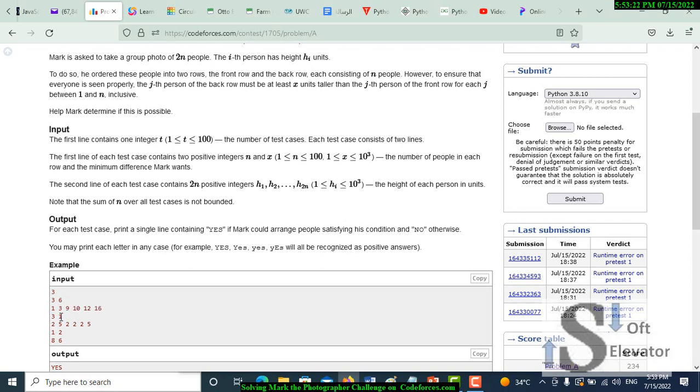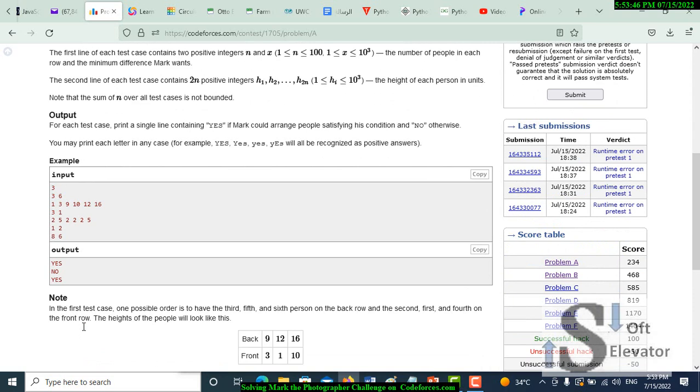Okay, the difference in height is 1. So we have 3 times 2, so I have an array of 2n persons. And in the last test I have n equals 1, and the difference is 2, so these are the two persons, an array of two persons.